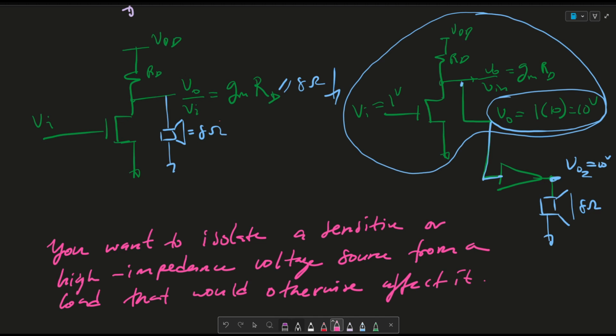All right, so again, this load here is affecting this high impedance, right? Because R in here is very, very high. It's affecting it, so as a result, we would use a buffer.